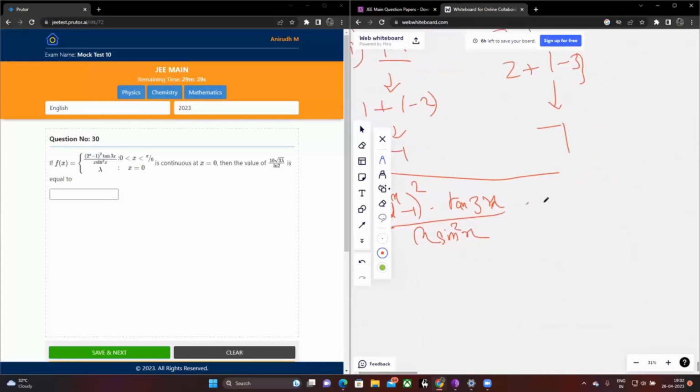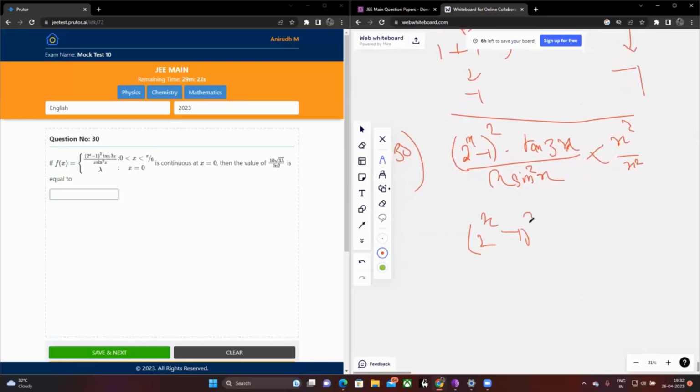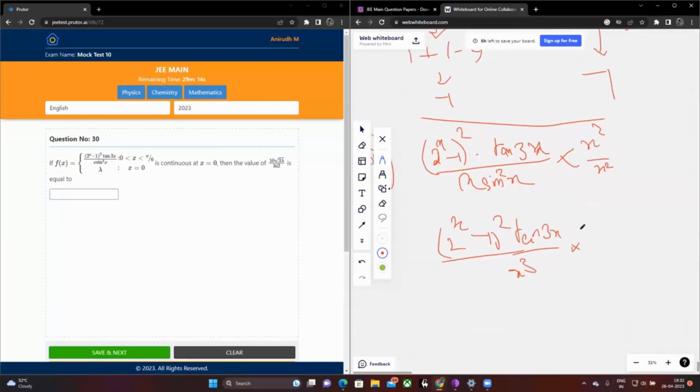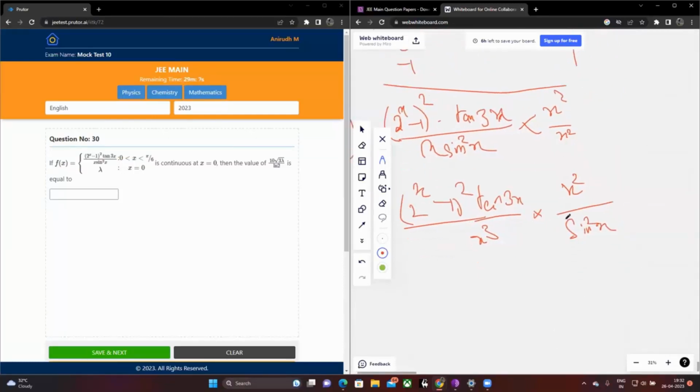This you multiply and divide by x squared to get something like (2 power x minus 1) whole square divided by x cubed, into tan 3x, of course 3x, into x square by sin square x, right? Let's just isolate this, because x by sin x tends to 1 as x tends to 0. Everybody knows that.